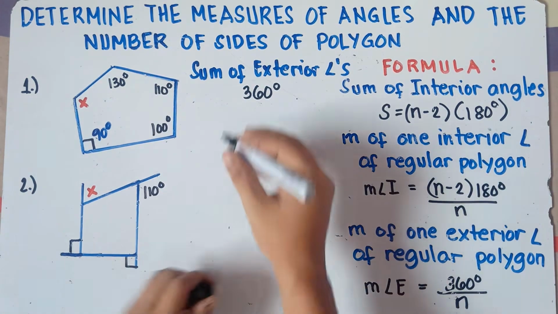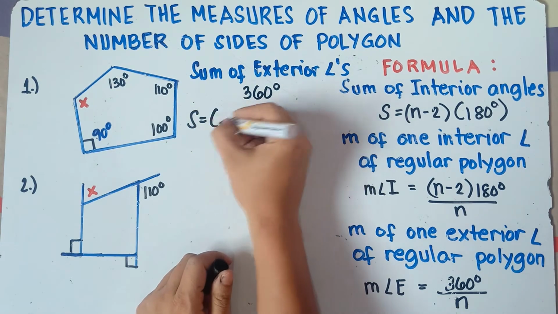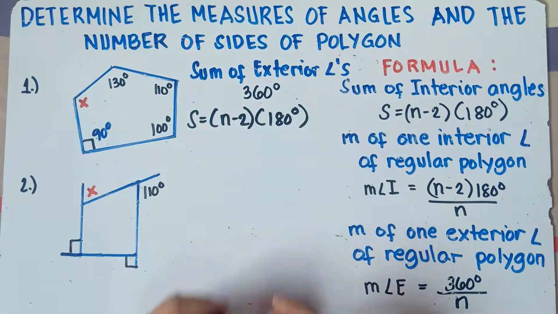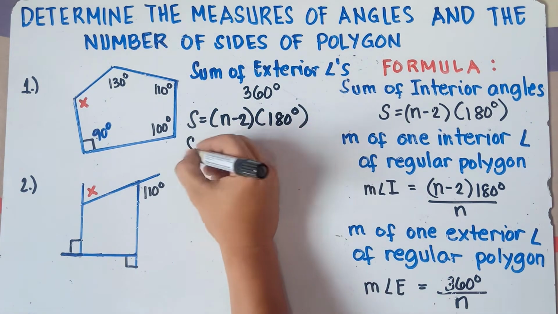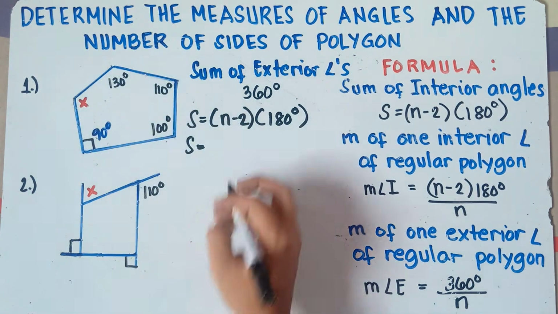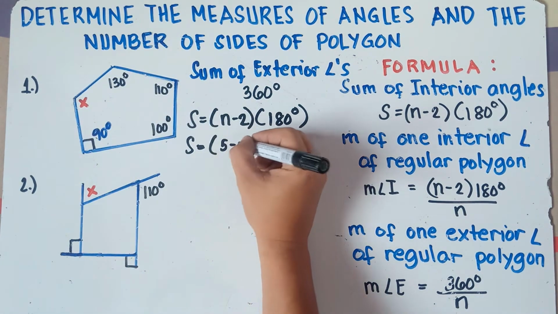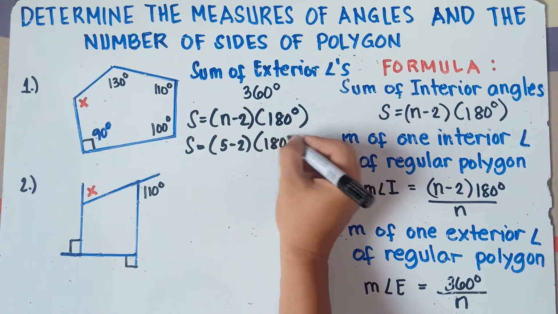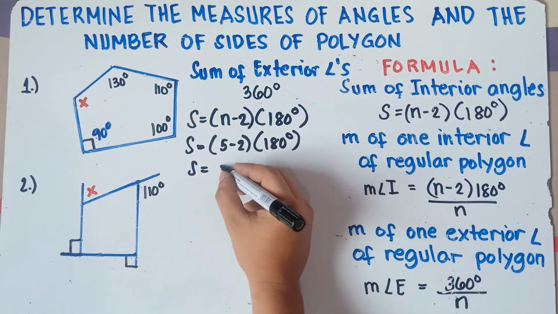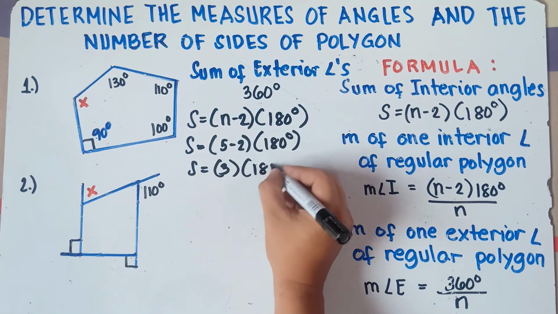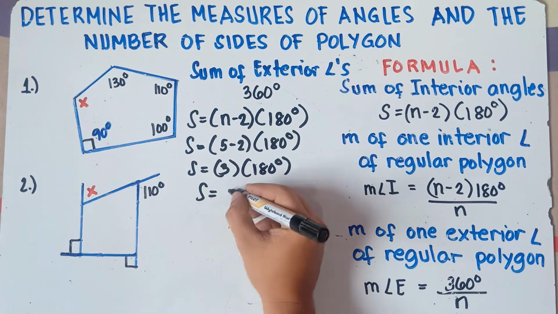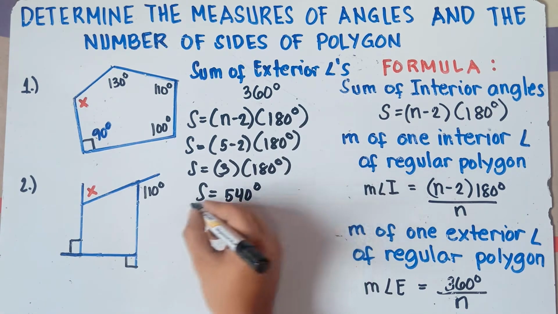S equals quantity n minus 2 times 180 degrees. Once again, to find the sum, n represents the number of sides. We have 5 sides for a pentagon. So 5 minus 2 times 180 degrees. 5 minus 2 is 3, times 180 degrees, so the sum is equal to 540 degrees.